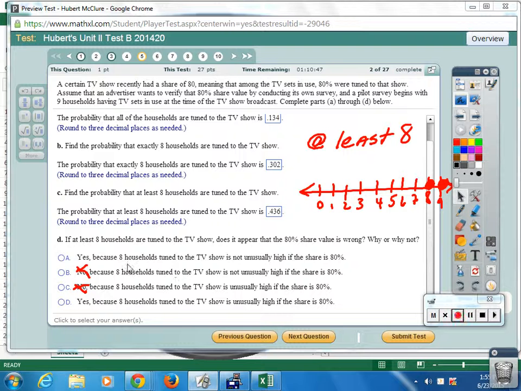Yes, it's wrong. I don't know about this other stuff, but yes, it's wrong, because 8 households tuned to the TV show is not unusually high. I'm going to say it's this one because ours is 44%. How much confidence do I have in this? None, because I don't understand half these questions.